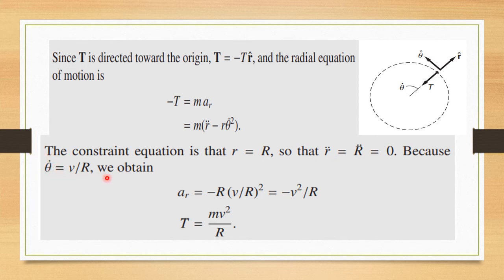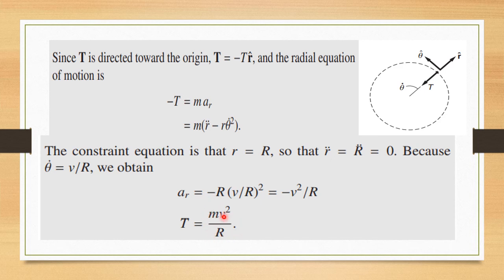Therefore we obtain a r is equal to 0 minus R times theta dot square, which is V by R square. So this becomes minus V square by R. So a r, the radial acceleration, is equal to minus V square by R. When we substitute a r in this relation, you get T is equal to m V square by R.